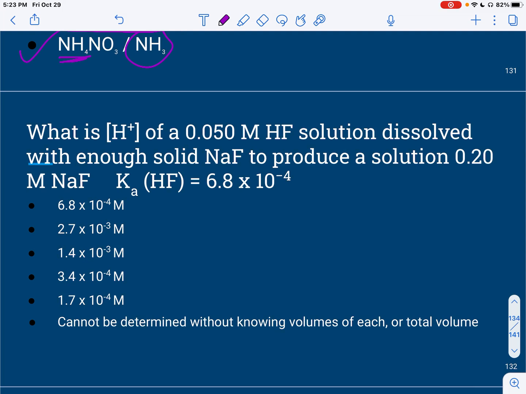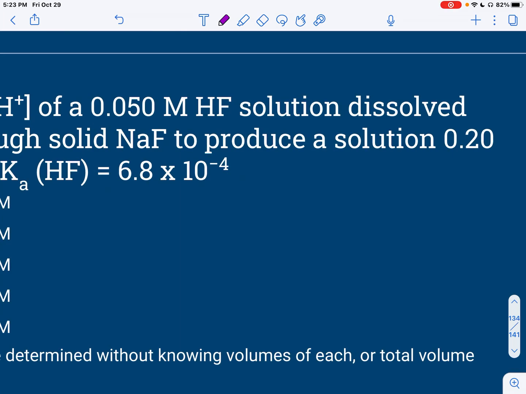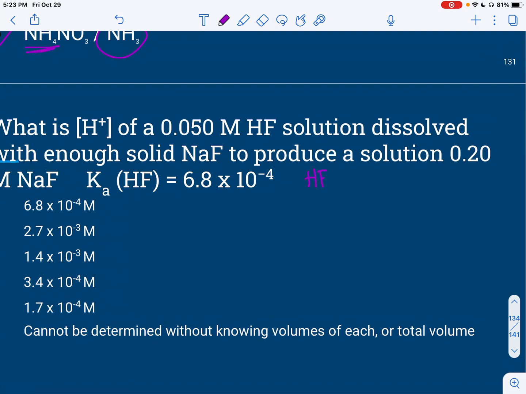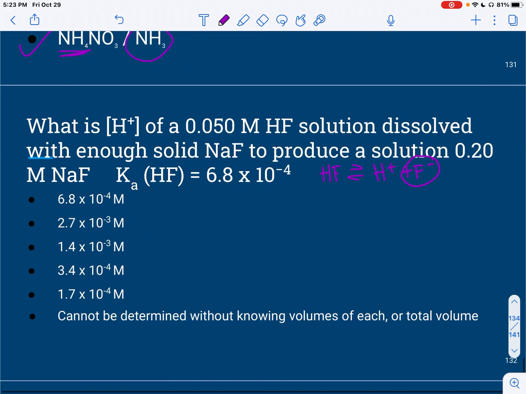Okay, so we have HF, H plus, F minus. So this is a Ka kind of problem, but we have some F minus already. So we have a buffer here. Okay, so we have our Ka, H plus, F minus over HF.